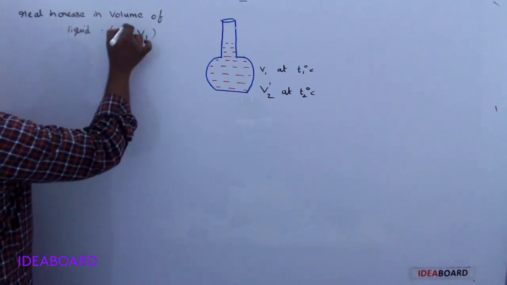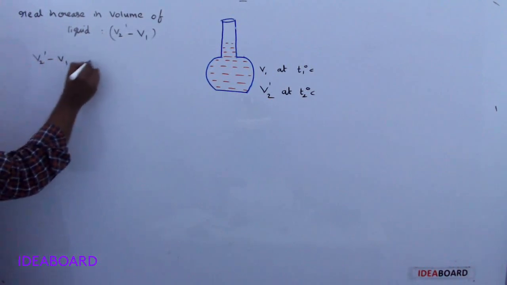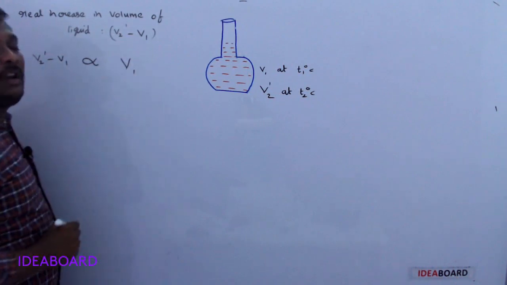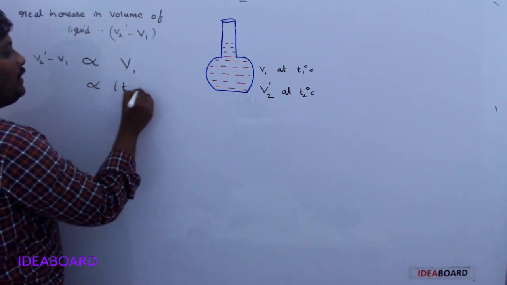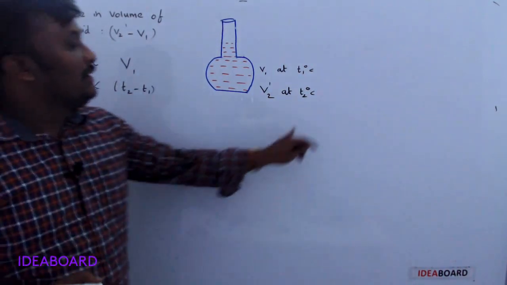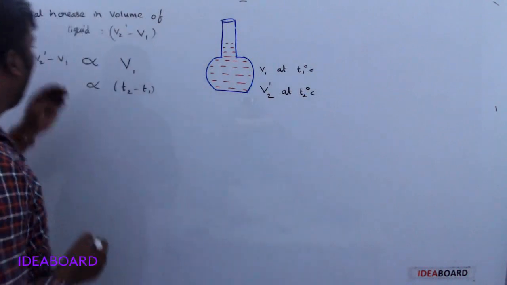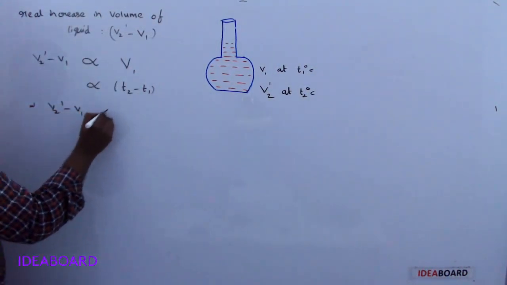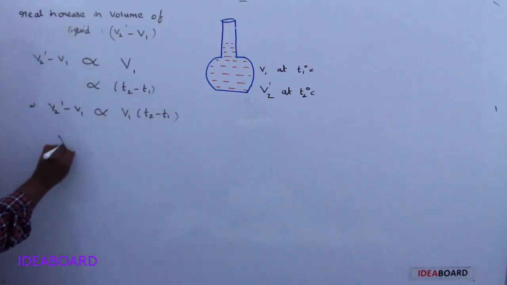Here V2 dash minus V1 is directly proportional to the original volume of liquid and also proportional to the rise in temperature. Here the temperature is T2, here it is T1, so T2 minus T1. If you combine, V2 dash minus V1 is directly proportional to V1 into T2 minus T1.